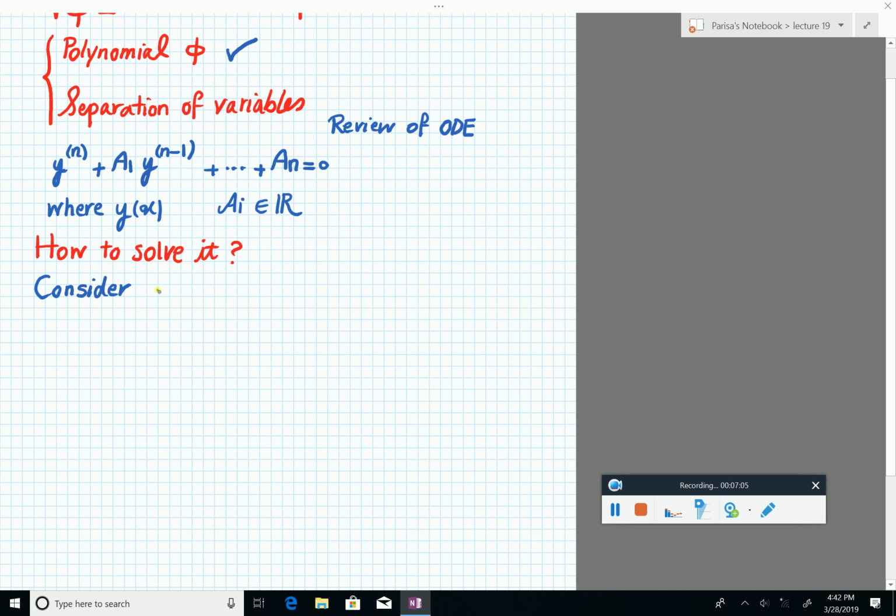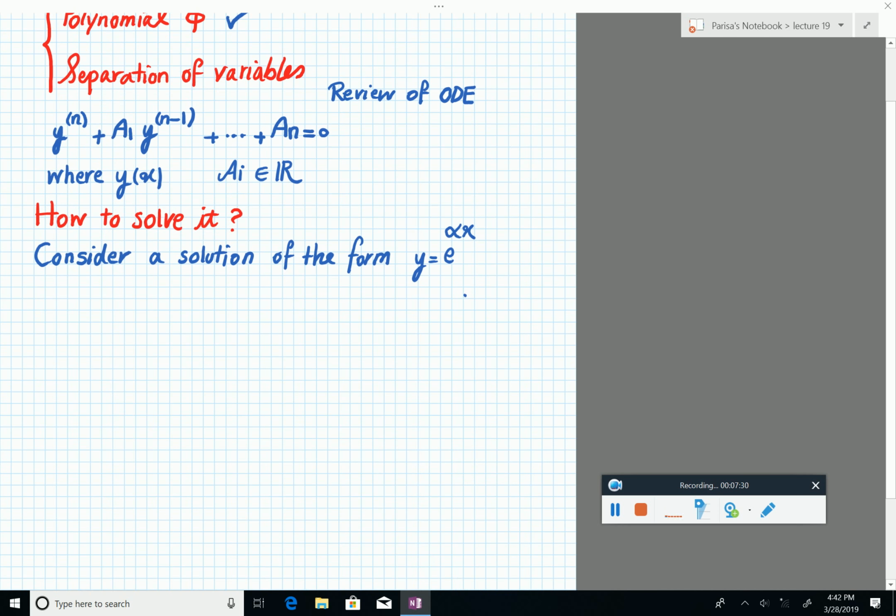Consider a solution of the form, and now you will all remember. Yeah, you substitute this into the differential equation, and what do we get? A characteristic equation, right? You have heard this term before, I'm 100% sure.